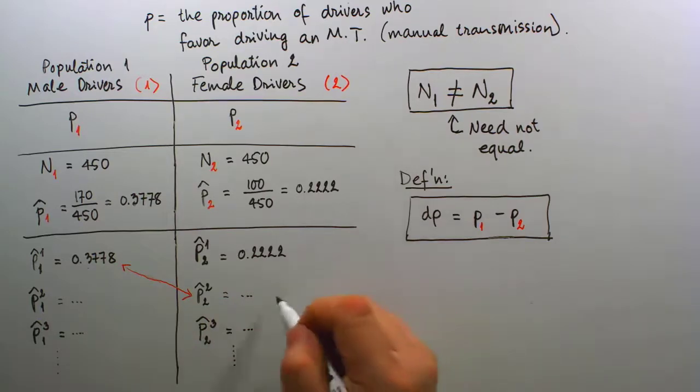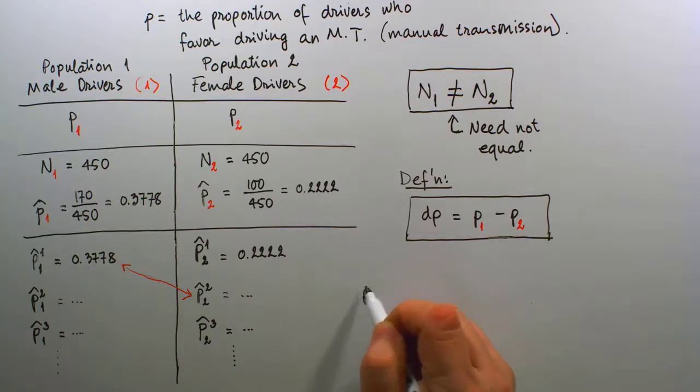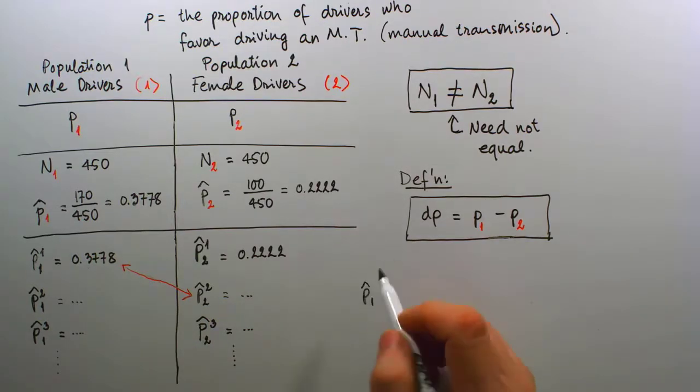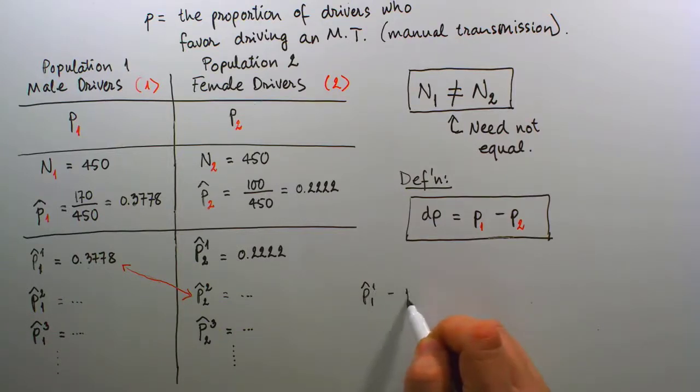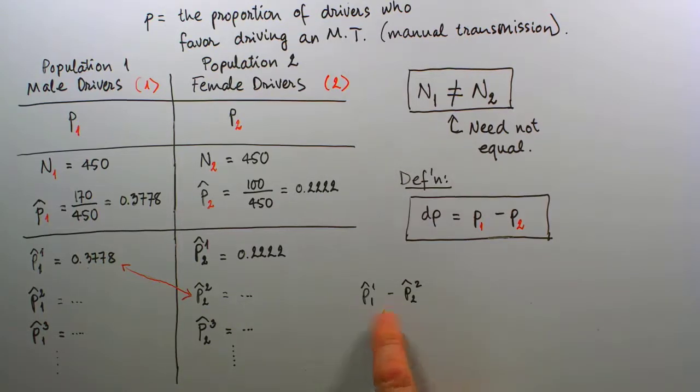So I can create a difference: p̂1 first sample minus p̂2 second sample. So that's just one possible difference between two samples from two separate populations.